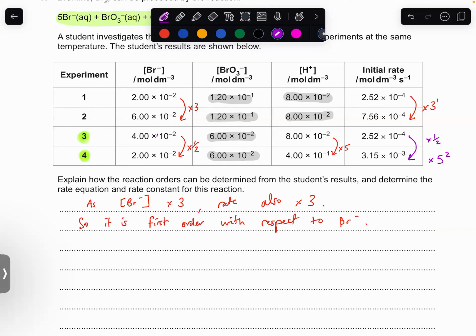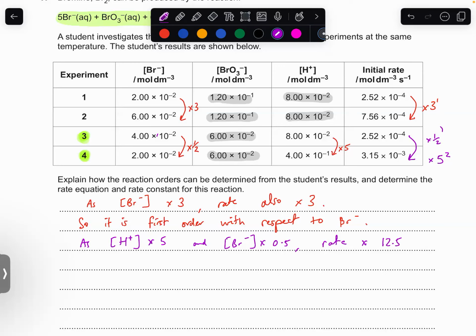So we can word it as, when the concentration of H plus is multiplied by 5 and Br minus is multiplied by 0.5, rate is multiplied by 12.5.